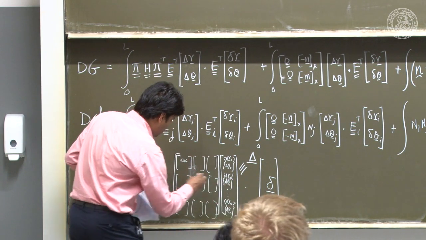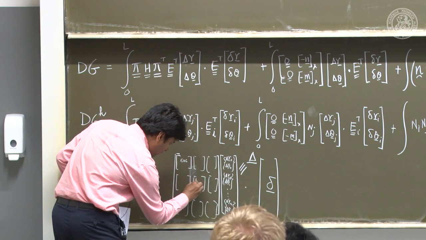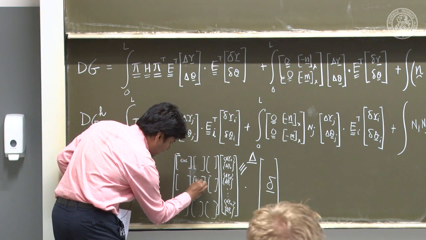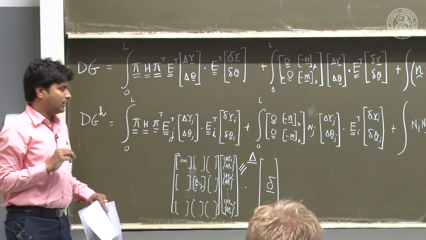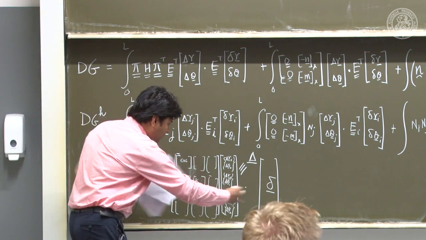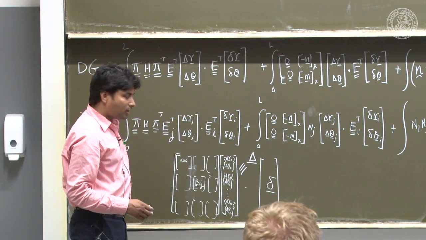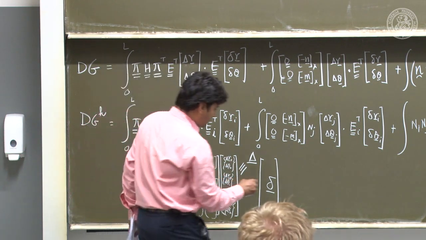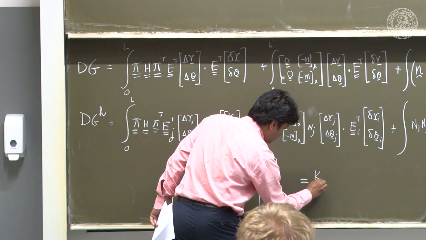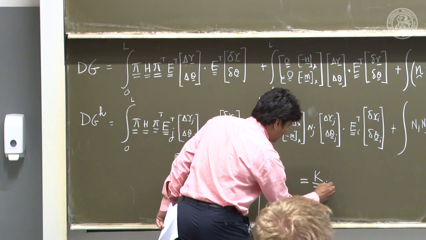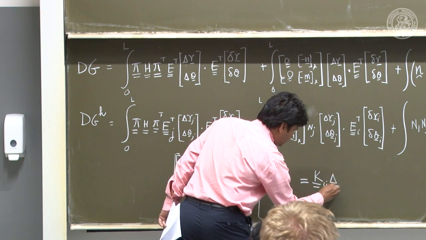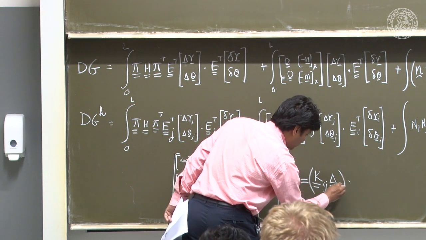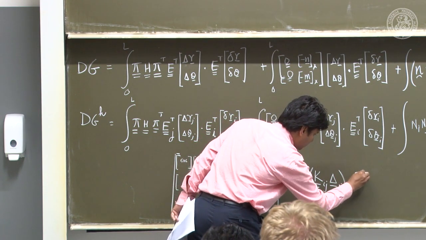If I call this small submatrix K_ij, then when you work this out, which is called the quadratic inner product, a matrix times a vector with another vector, this is the same as K_ij times delta_j, dotted with del_i.